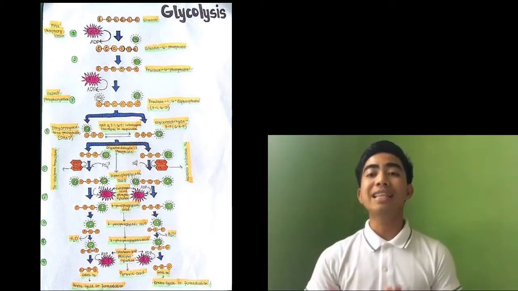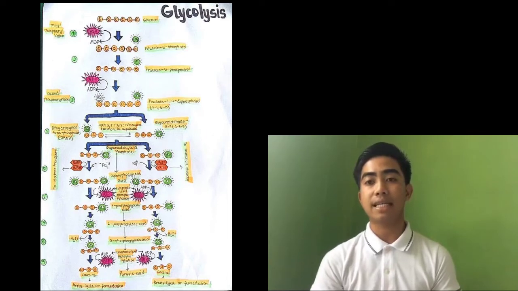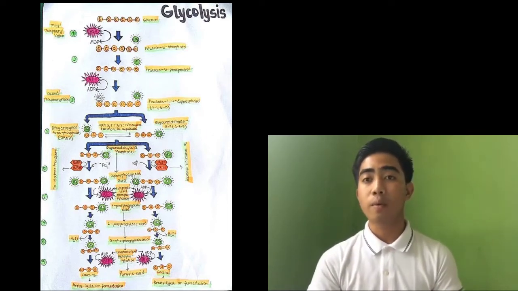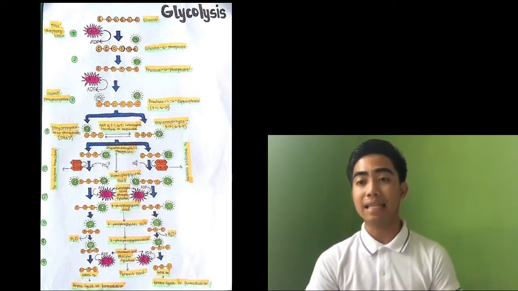And for the last and final step of glycolysis, what will happen here is the product of steps 7 and 8, which is phosphoenolpyruvic acid, will now donate its phosphate group to ADP to create ATP.